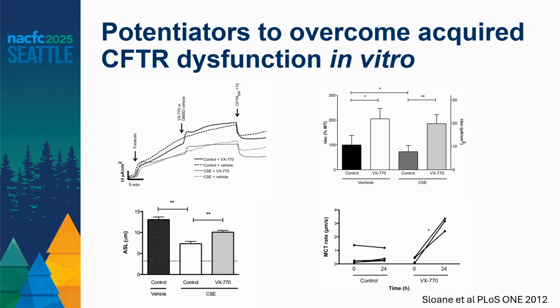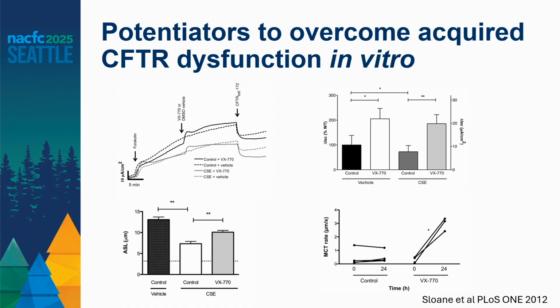So with the observation that there's acquired CFTR dysfunction, and the utility of potentiators in CF care, the obvious question is, well, can potentiators reverse this? And certainly in preclinical models, we see lots of efficacy. This is work from Vamshi again, where we see that in cells, Vertex's ivacaftor improves or overcomes this smoke defect.